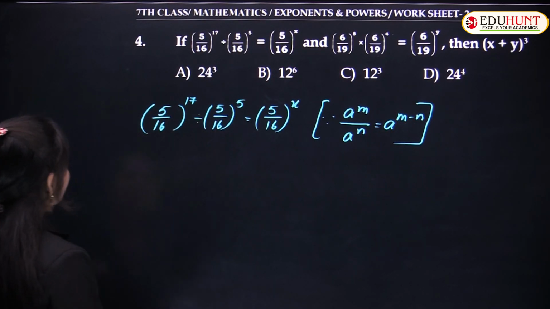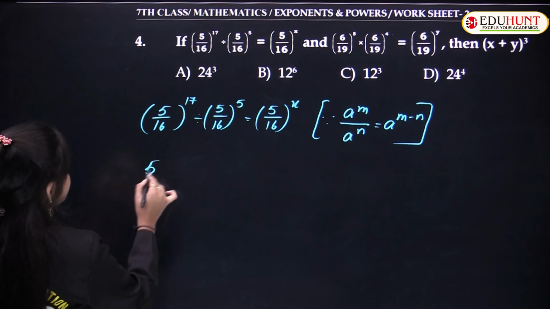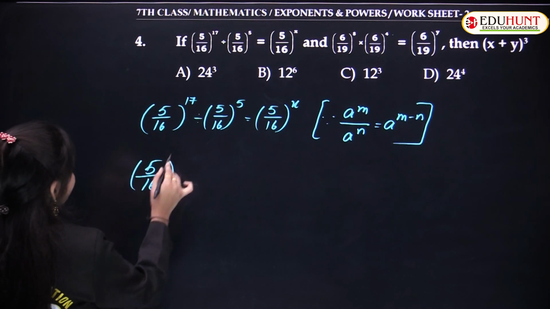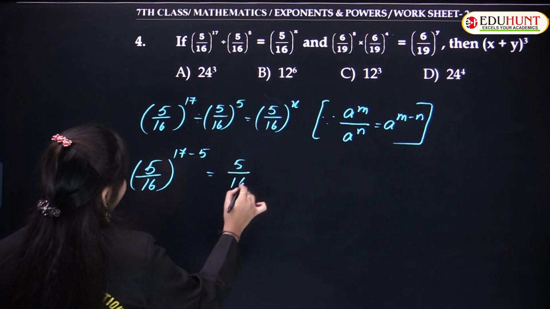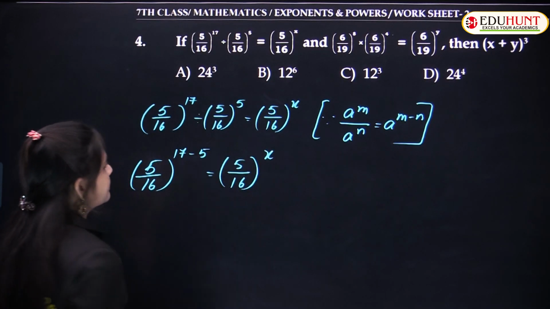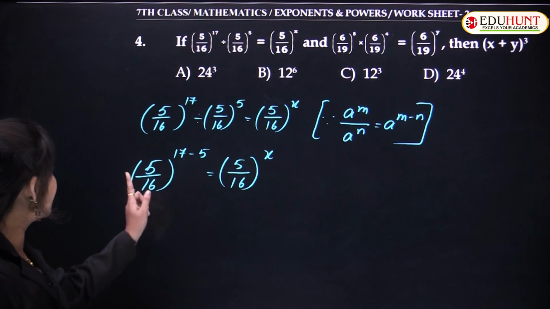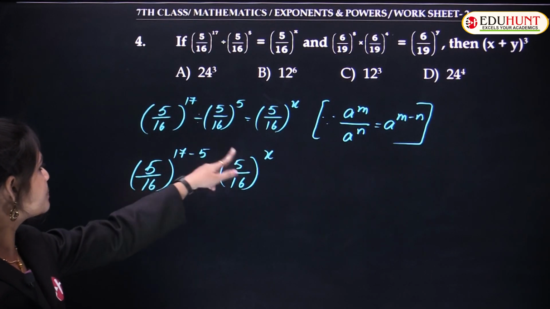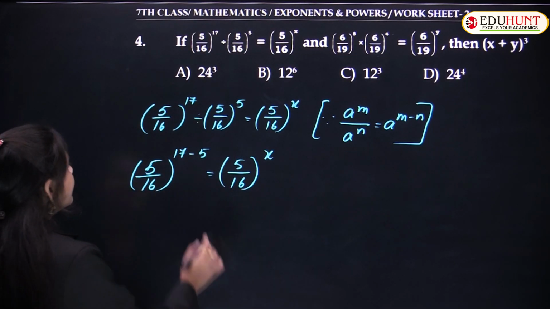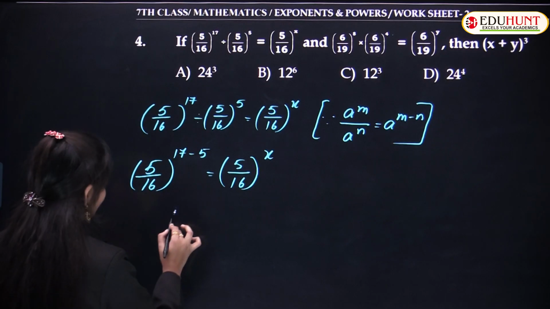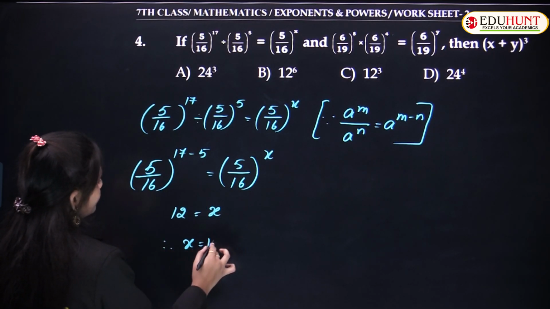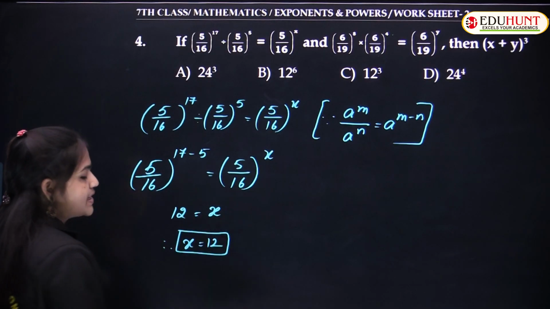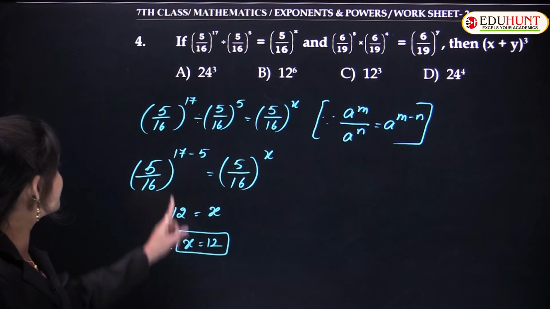Now 5 by 16 whole power 17 minus 5 is equal to 5 by 16 whole power x. As the bases are equal, their exponents must be equal. 17 minus 5 is equal to 12, and 12 is equal to x. What is the value of x here? x is equal to 12.